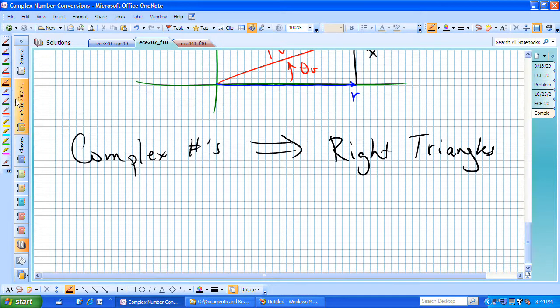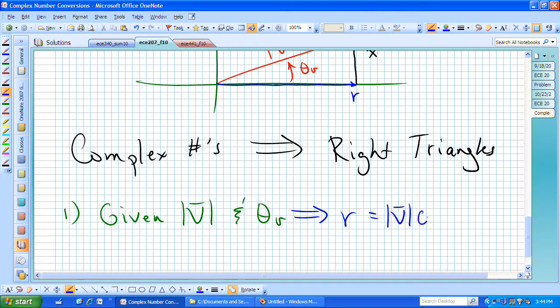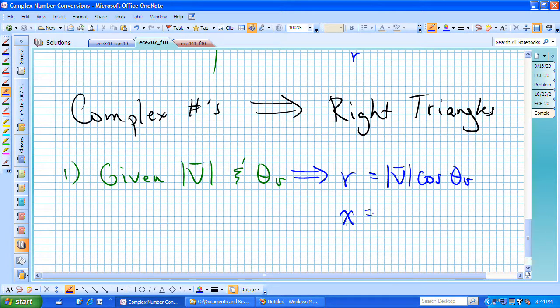With right triangles, you can start with two different values describing that triangle. You could start with the length of the hypotenuse, or the vector length, and the angle theta sub v. That allows you to compute the real part, r, which is just the hypotenuse times the cosine of theta sub v, and the imaginary part is just the length of that complex number, or the hypotenuse, times the sine of theta sub v.